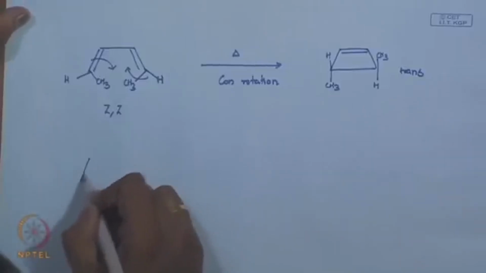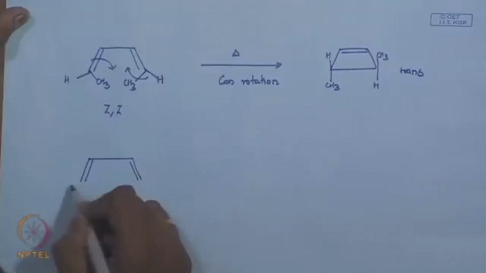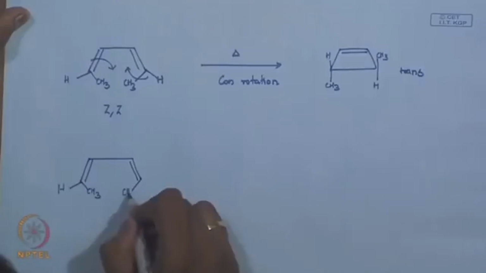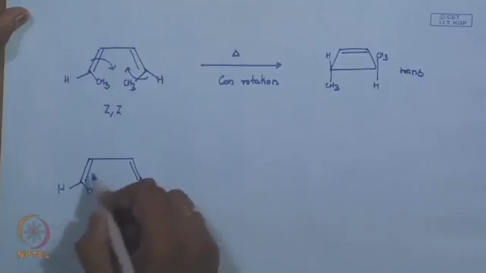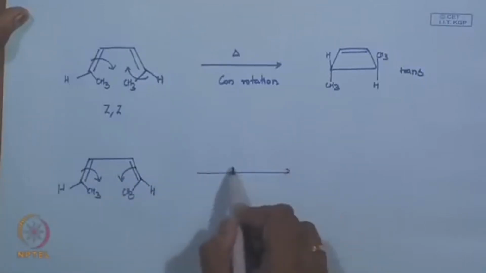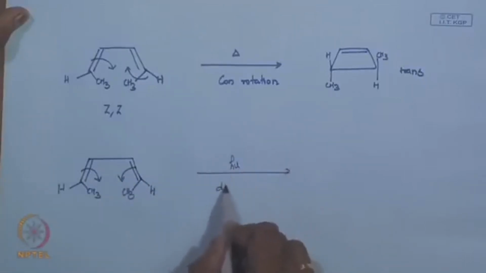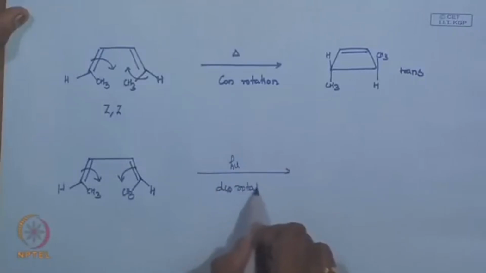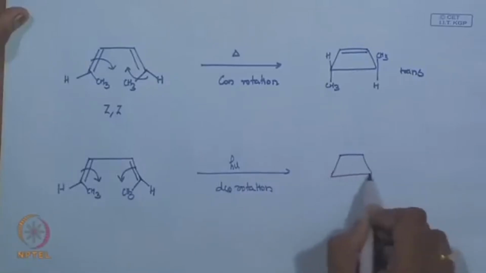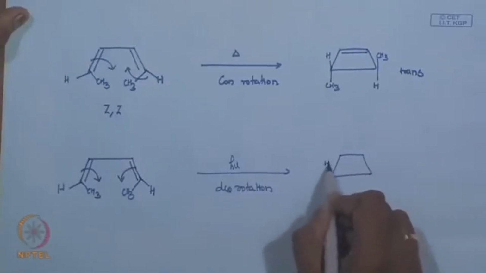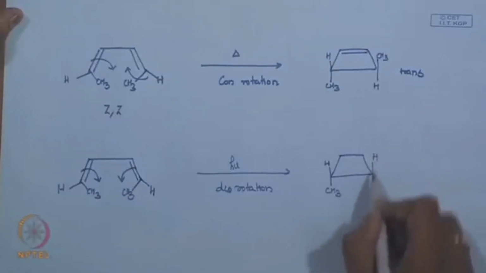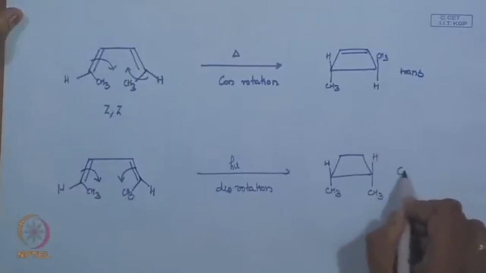Same way, if you take the same substrate and see what happens in light, because of this rotation, you have H and you have CH3. Now you get a cis product.